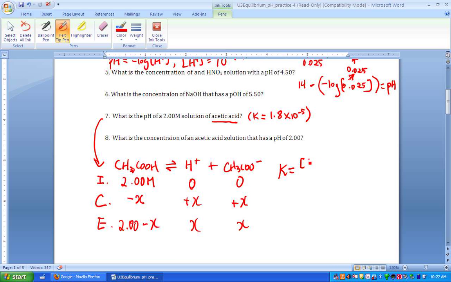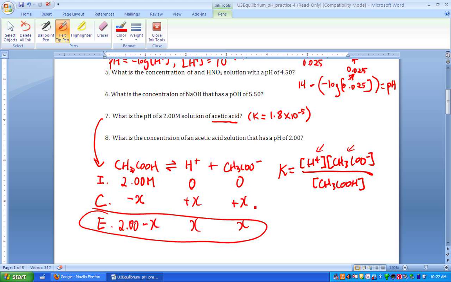If you take this and set up K, it is nothing more than H+ times CH3COO-, which is the acetate ion, over the acetic acid. You should remember that all of these concentrations are not the initial or the change, but the equilibrium concentrations.